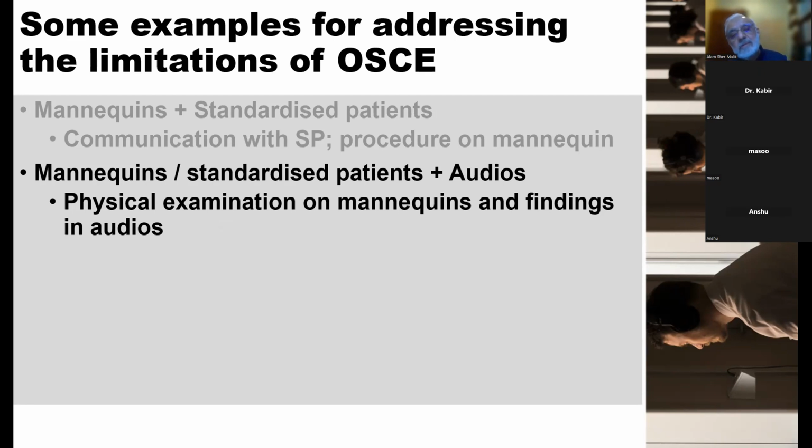After that, we used an audio, and it was a murmur. We played this audio and said that this murmur is heard at the second intercostal space on the left side of the sternum. And then, what is this murmur, and what would be the possible diagnosis?